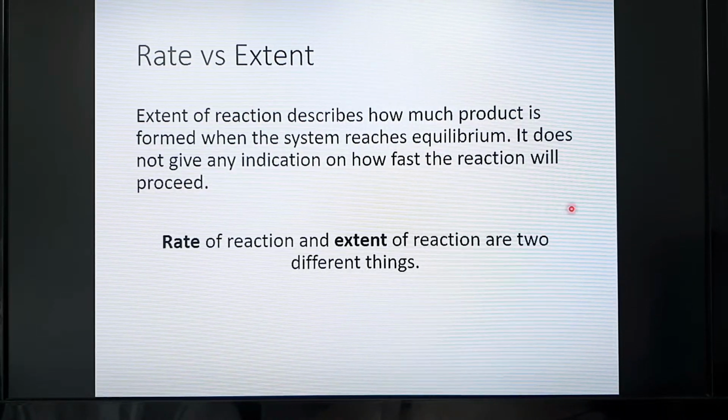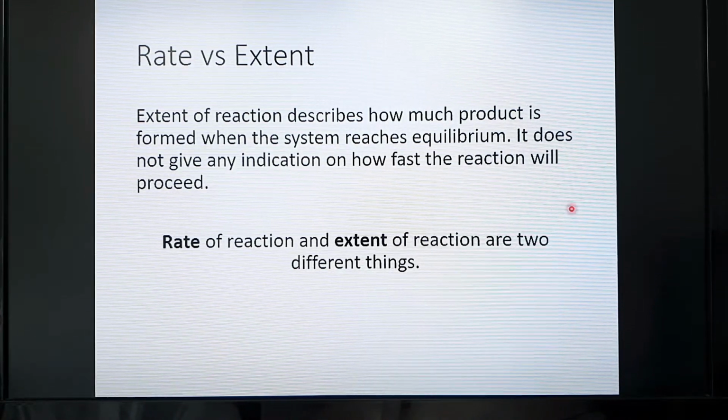However, as you saw in the demonstration before with the scooping of the water, it gets to the point where the amount of reactants and products remain, they're not equal, but they remain the same. So we have a lot more products than we do reactants, but we still have reactants that will never all completely form products because of the way the reaction is taking place backwards and forwards as well.